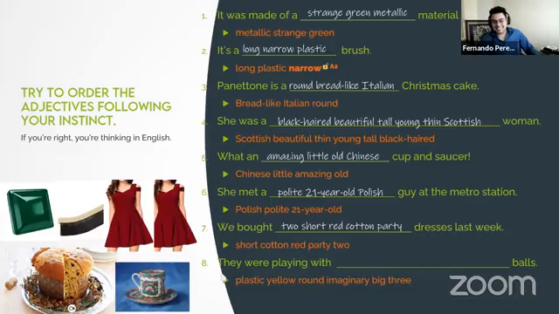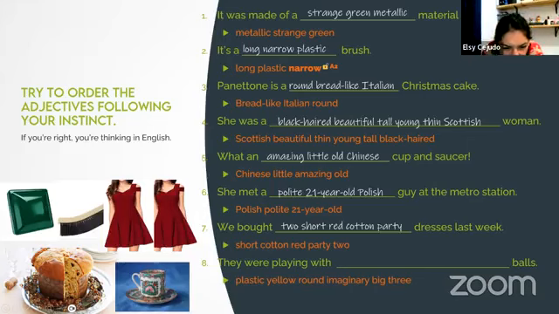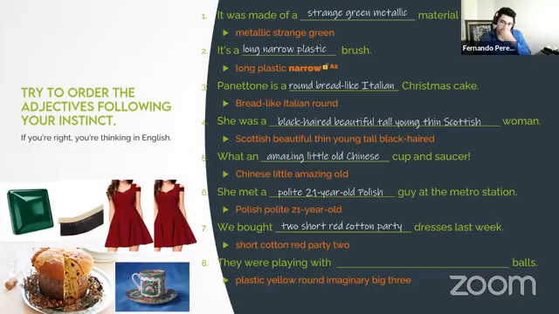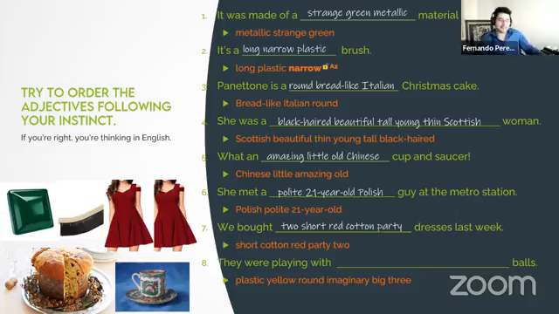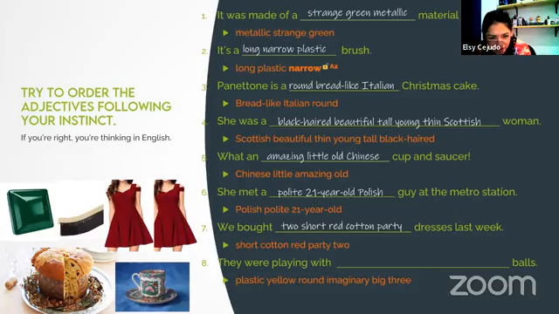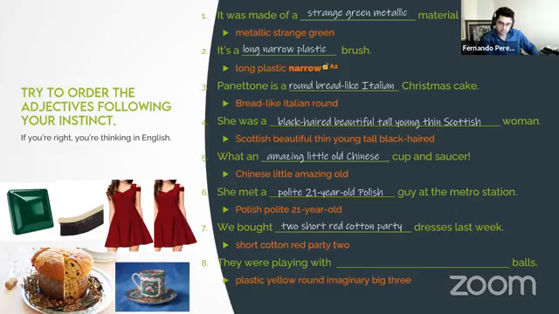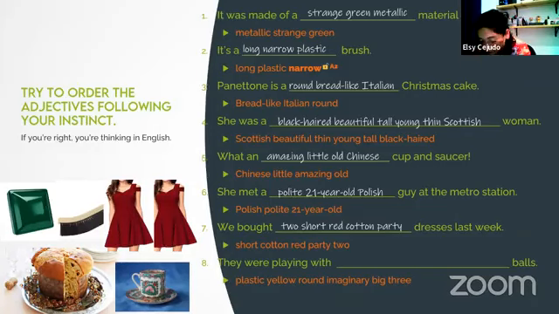The last one, number 8. Go, Elsie. They were playing with three imaginary round yellow plastic balls.